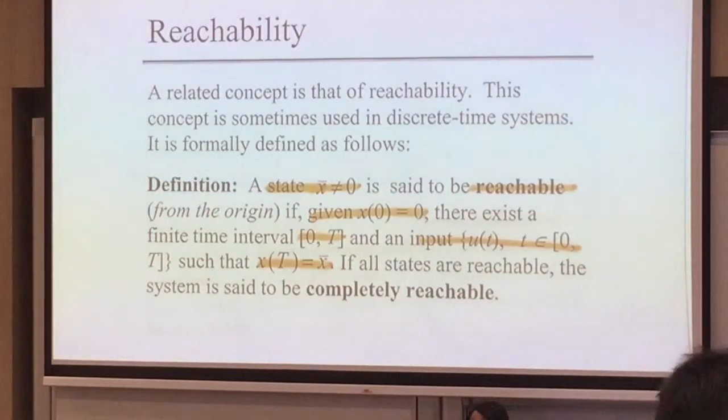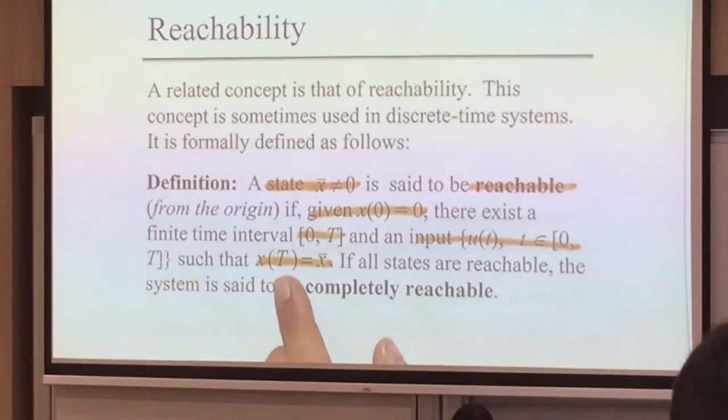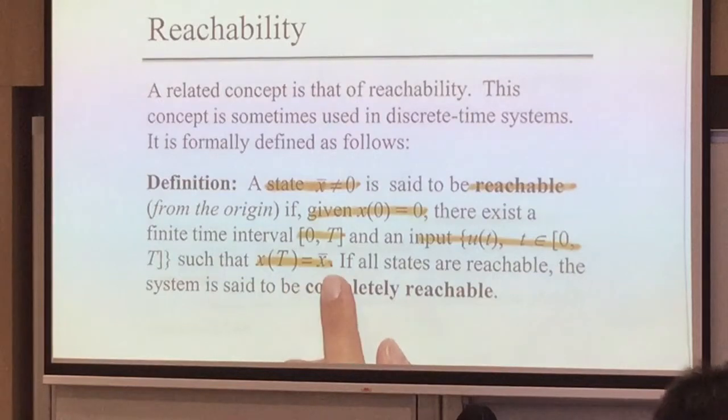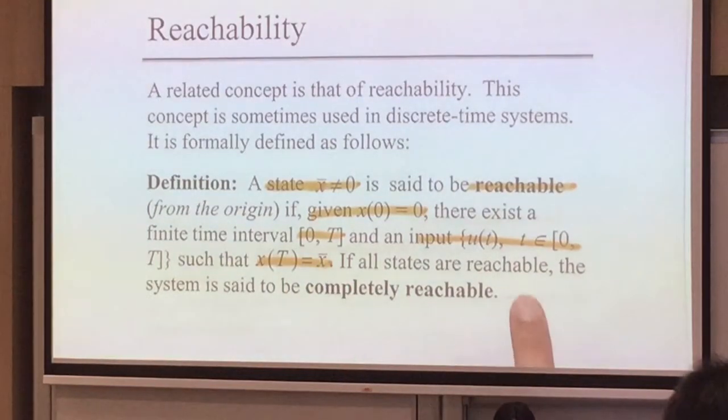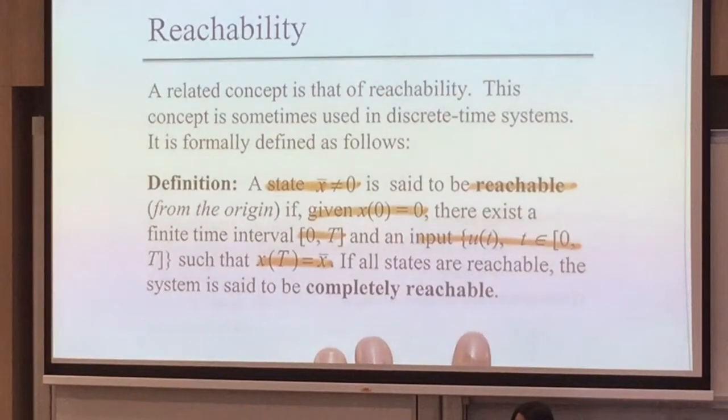So you can reach a certain location x bar at the end of the finite time interval. And if all states x1, x2, x3 are reachable, the system is said to be completely reachable.